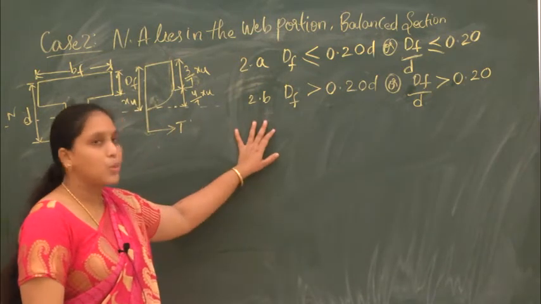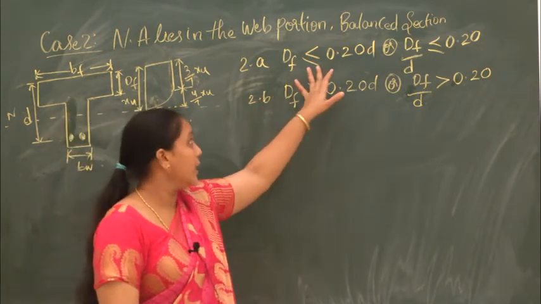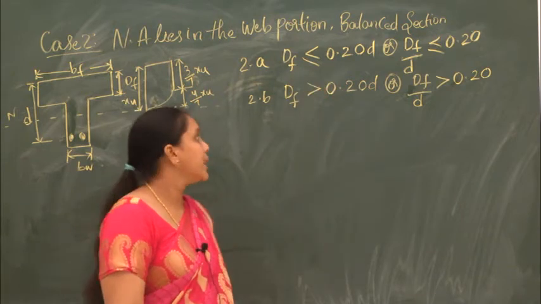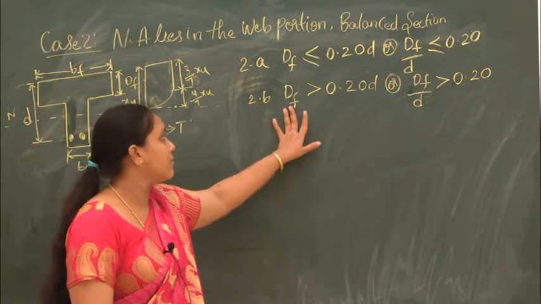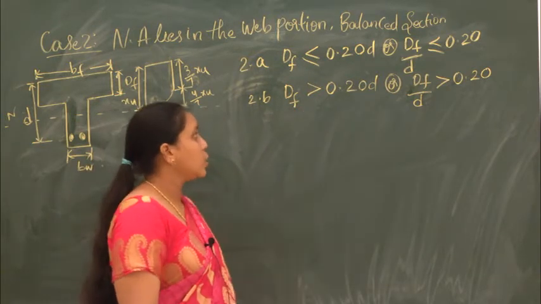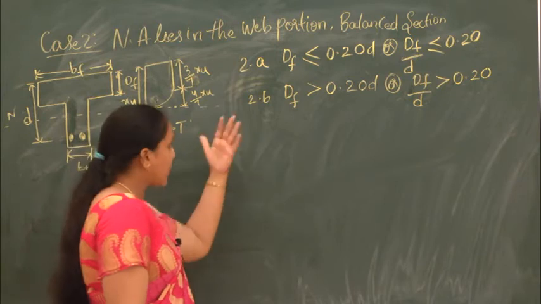So we have these two cases: when the thickness of the flange is less than or equal to 0.20d and when the depth of the flange is greater than 0.20d. These are the two cases we have.